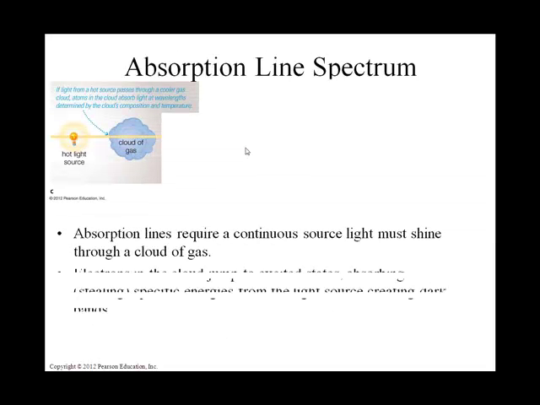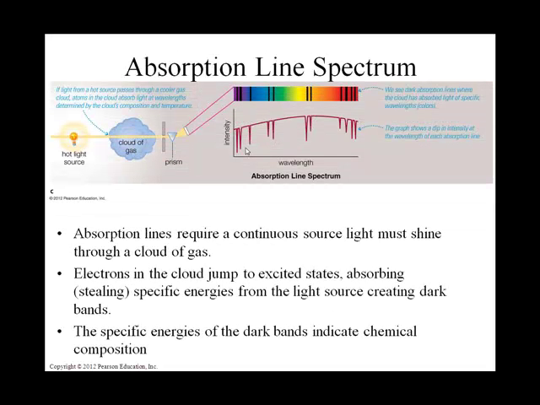Kirchhoff's third law, just put this whole thing up here. Kirchhoff's third law are those dark line spectra, or absorption line spectrum. And in this case, the absorption occurs because we have a cloud of gas here where the electrons that aren't excited are actually robbing certain wavelengths of light from a continuous source behind it.